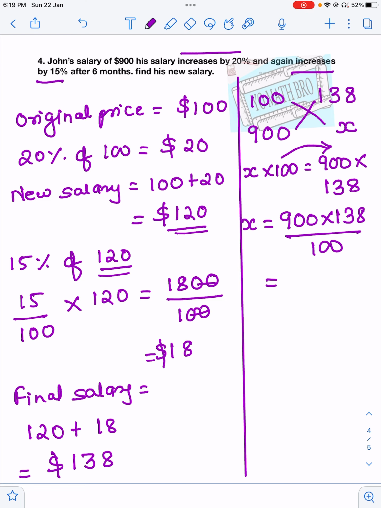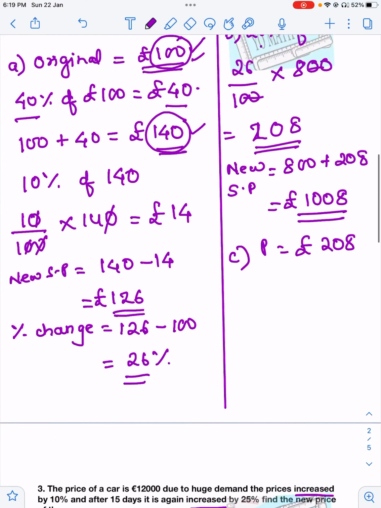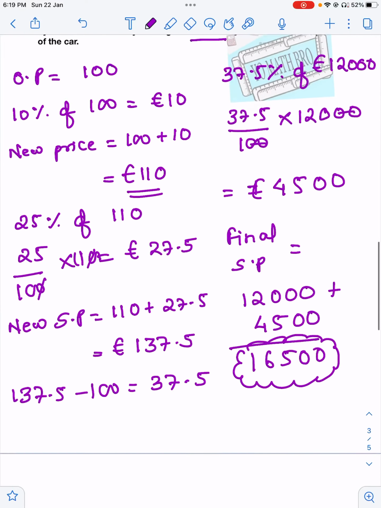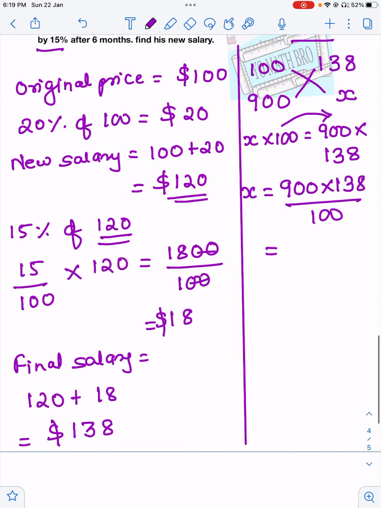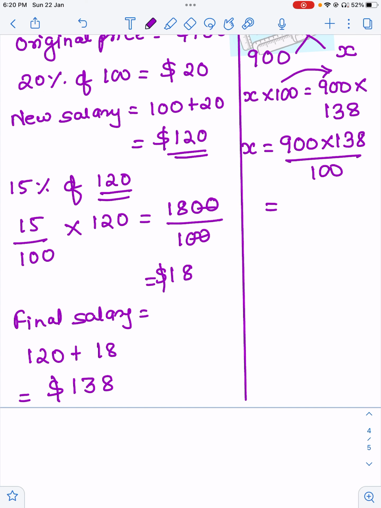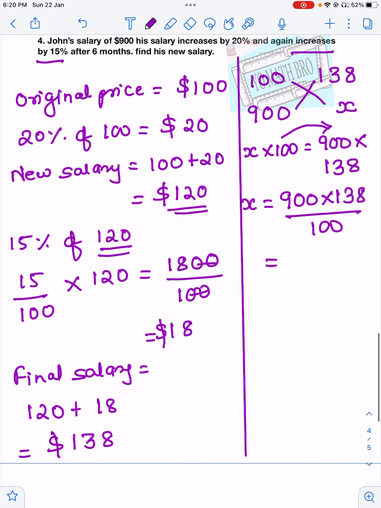And as you can see in all my previous questions, I have written each and every step, which makes the question very clear for the examiner. So my final price is $1242. So the new salary of John increased from 900 to 1242.